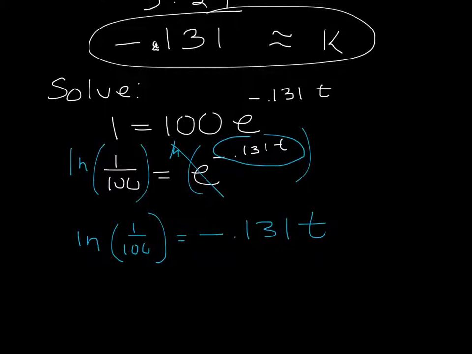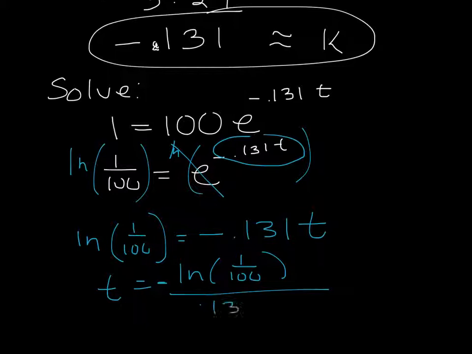To solve for t, this is just ln of 1 over 100 divided by negative 0.131, and then we can punch that in the calculator. And we get 35.4. That's what our t is.